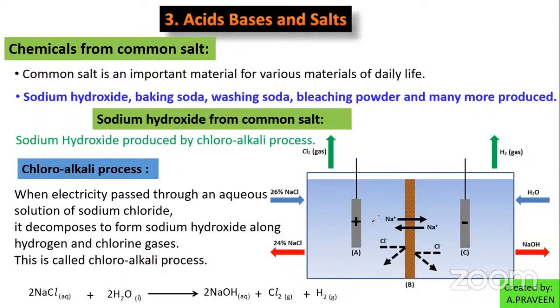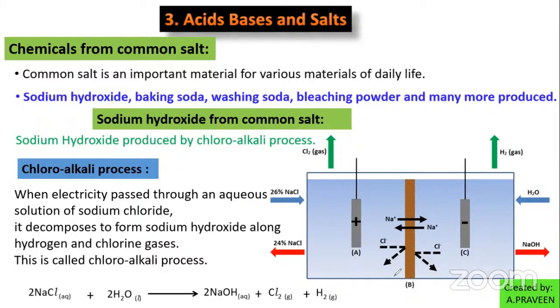Ammonium chloride is also produced from these: HCl reacting with ammonia, or hydrogen with nitrogen to produce ammonia. Also, we can produce medicines and cosmetics, and these are used in the cleaning of steel.